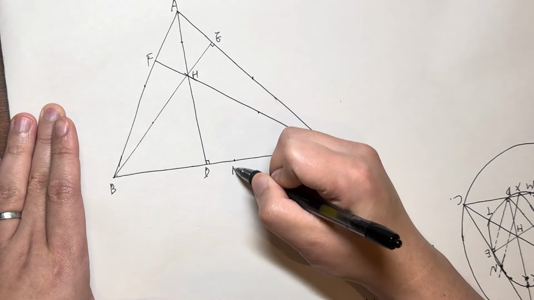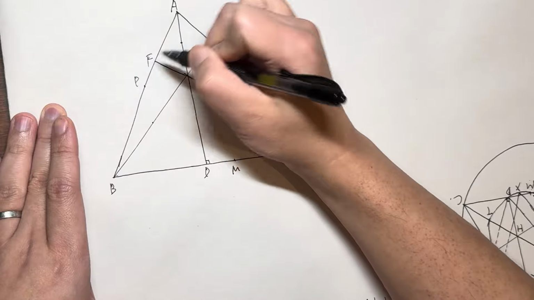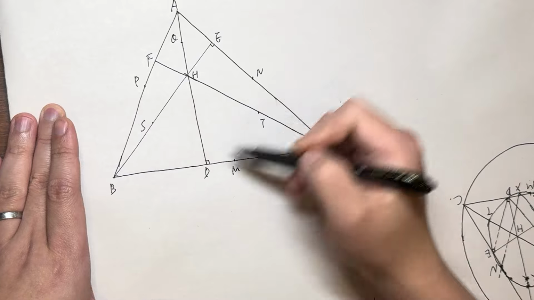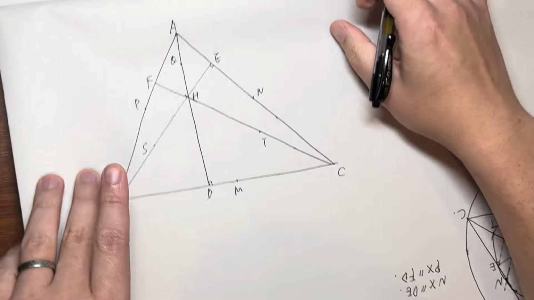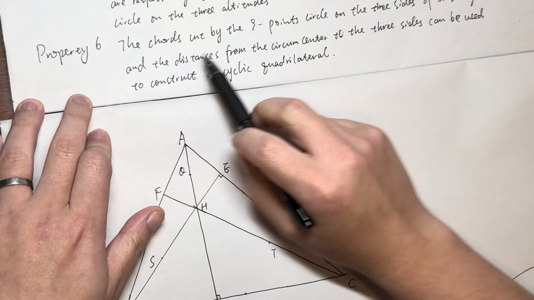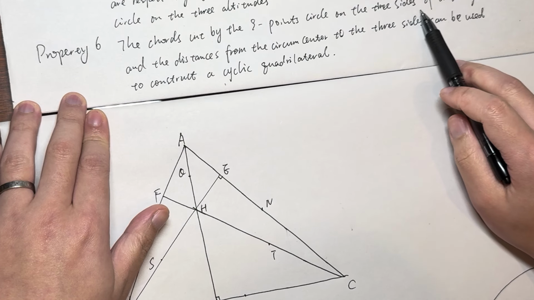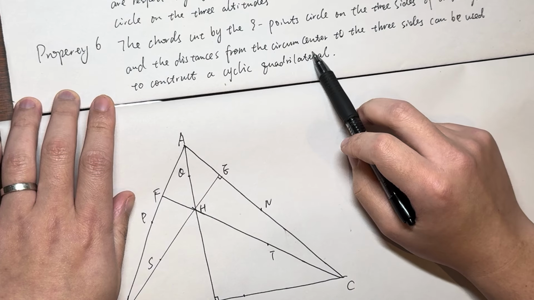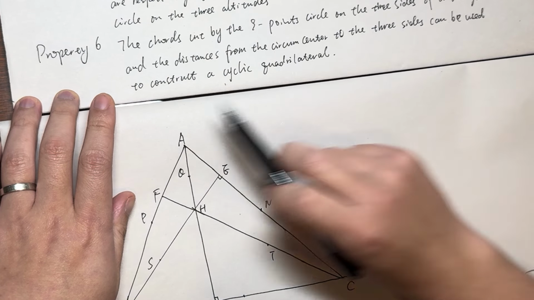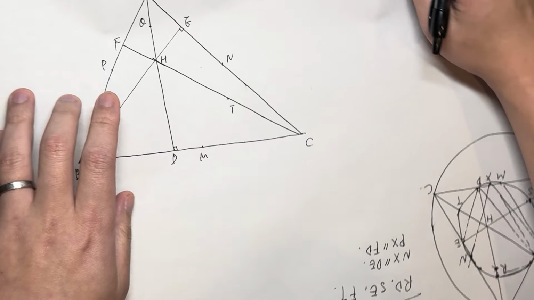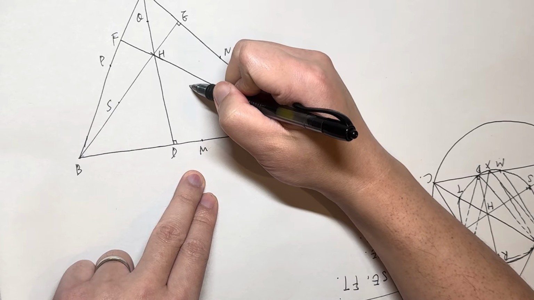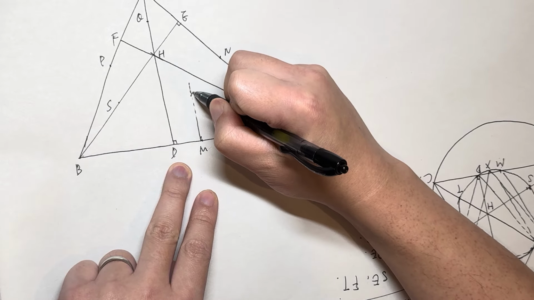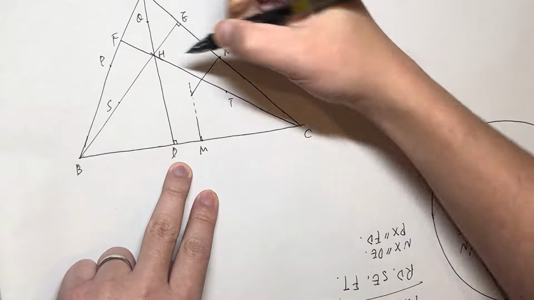H R M N P S T Q. Right, that's a nine-point circle, and the problem is saying that the chords cut by the nine-point circle on the three sides of a triangle, and the distance from the circumcenter to the three sides, can be used to construct a cyclic quadrilateral. Okay, now we want to find the circumcircle as well. So that's a circumcircle.